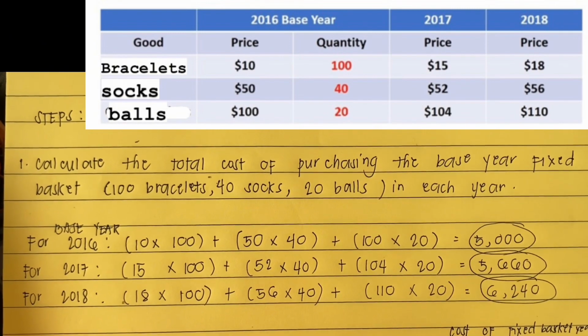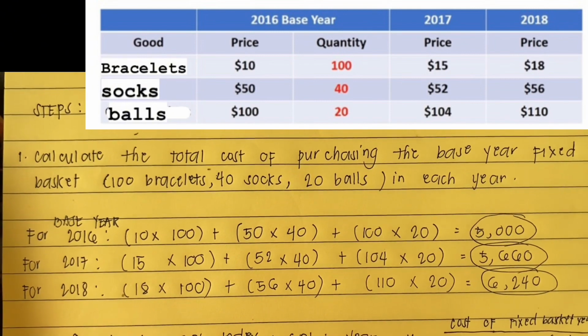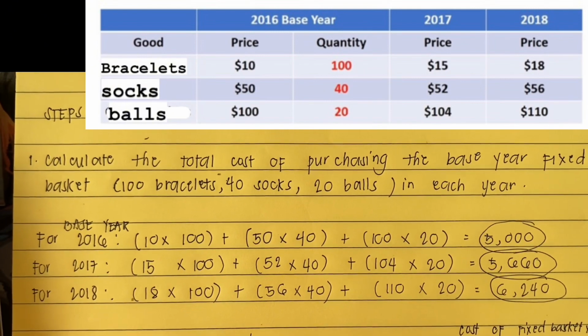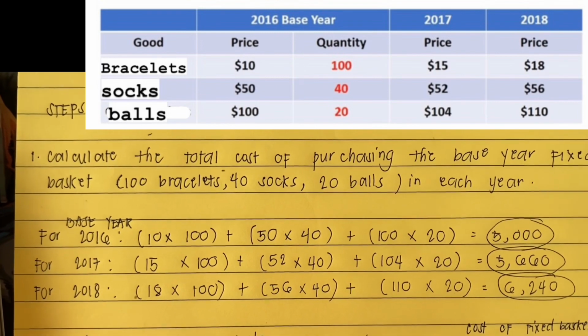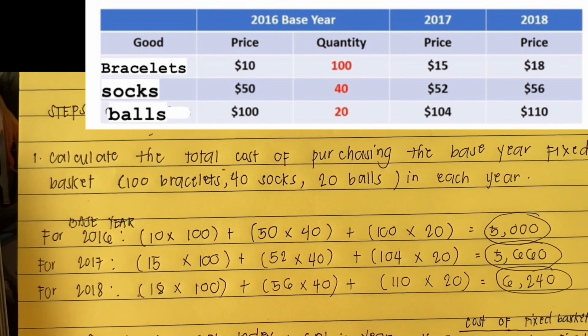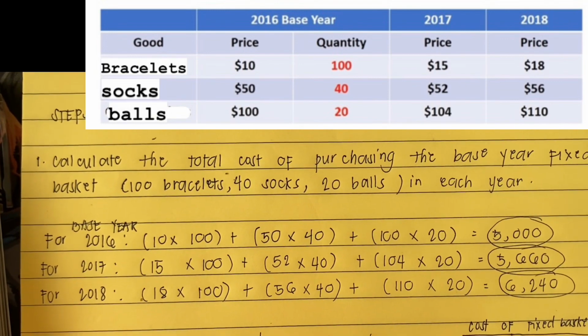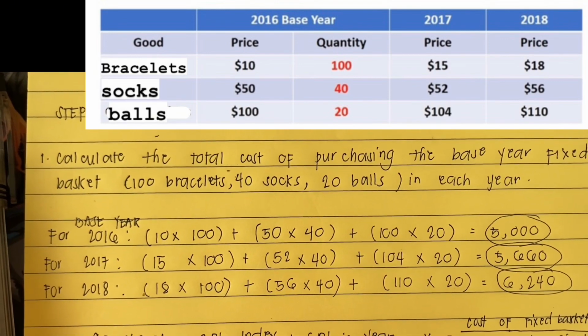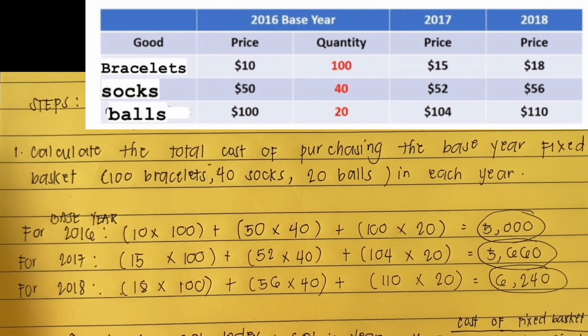For 2016, which is our base year, 10 is the price of bracelets times the quantity of 100, plus 50 is the price of socks times the quantity of 40, plus 100 is the price of balls times the quantity of 20 equals 5,000.